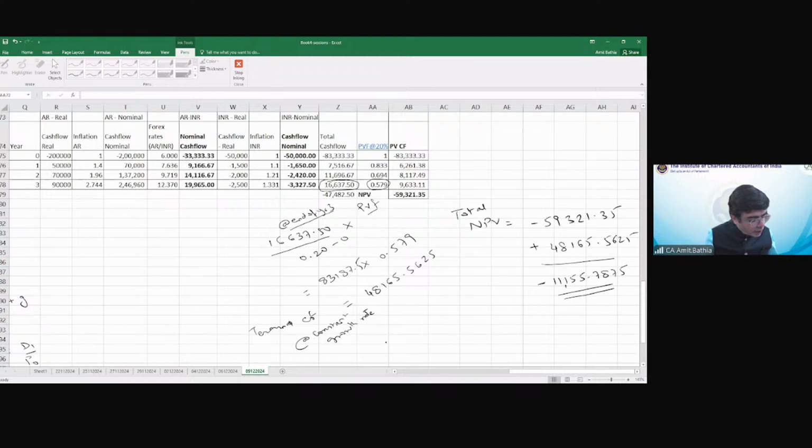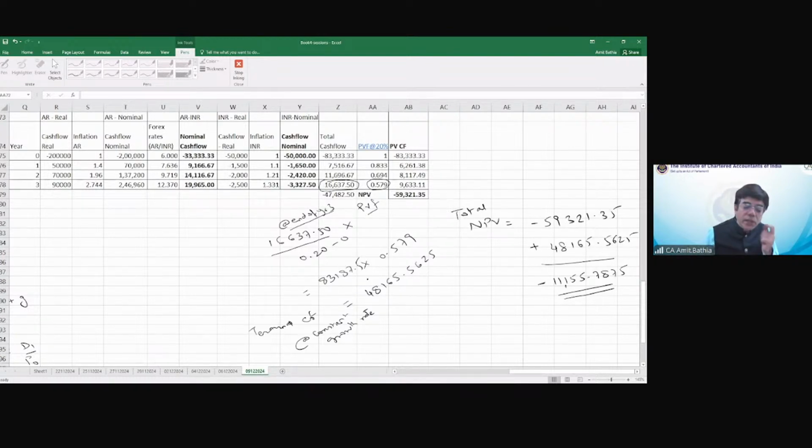In the question, you are required to calculate the NPV of the proposed investment considering the following. African rand cash flows are converted into rupees and discounted at a risk-adjusted rate. We have done that. All cash flows for these projects will be discounted at a rate of 20% to reflect its high risk. Ignore taxation. Here they have not asked us for any recommendation, so if I don't give a recommendation, I'm completely okay.